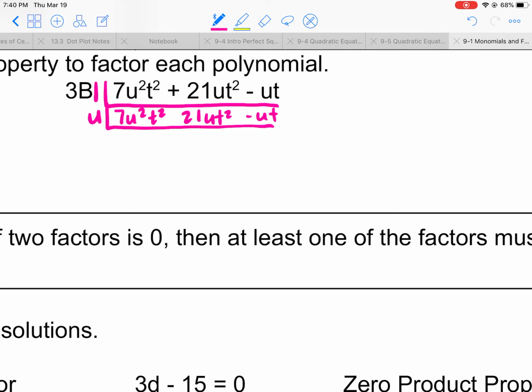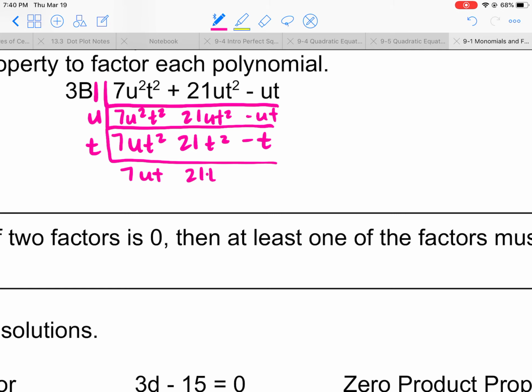And then I've got 7ut squared, 21t squared, and then negative t. Now I'm going to pull out 1t, so I'm left with 7ut, 21t squared, and negative 1.